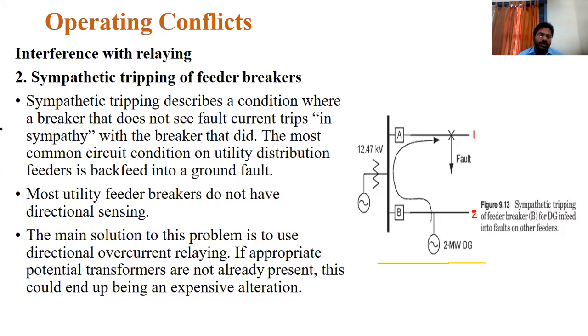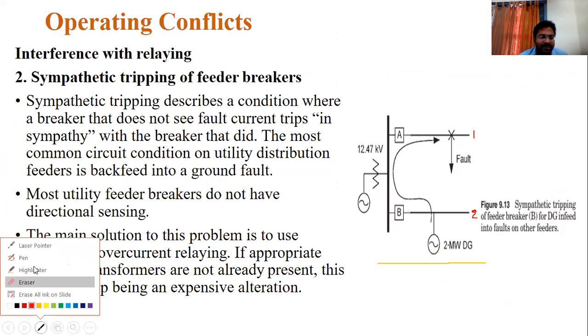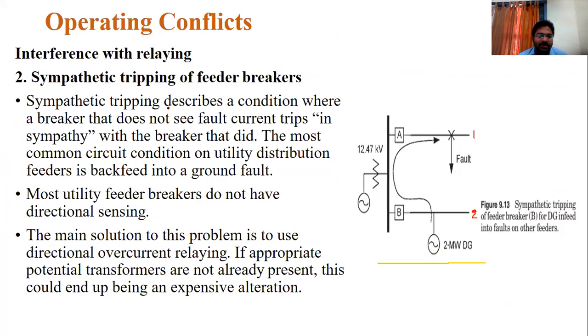Now, what is sympathetic tripping of relays and all other things? You can see this. This describes a condition where a breaker that does not see fault current trips. The most common circuit condition in a utility distribution feeder is backfeed into the ground fault.